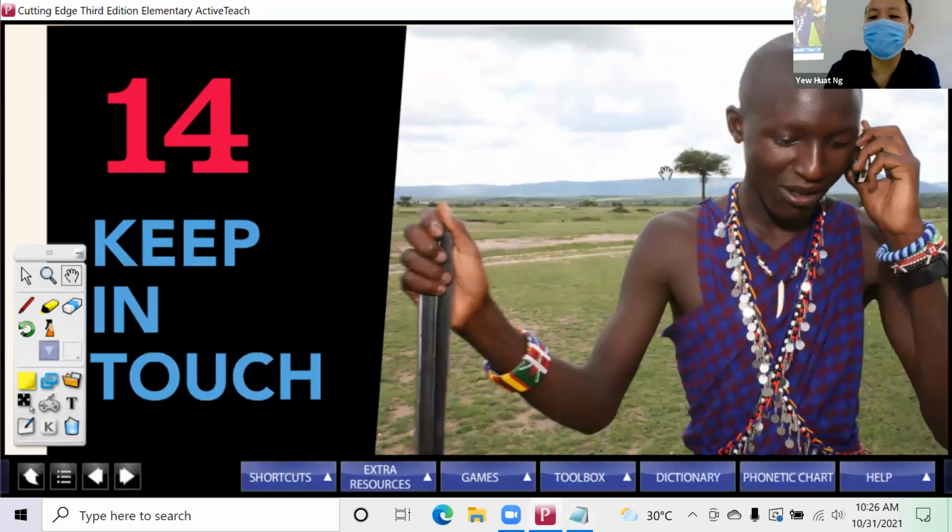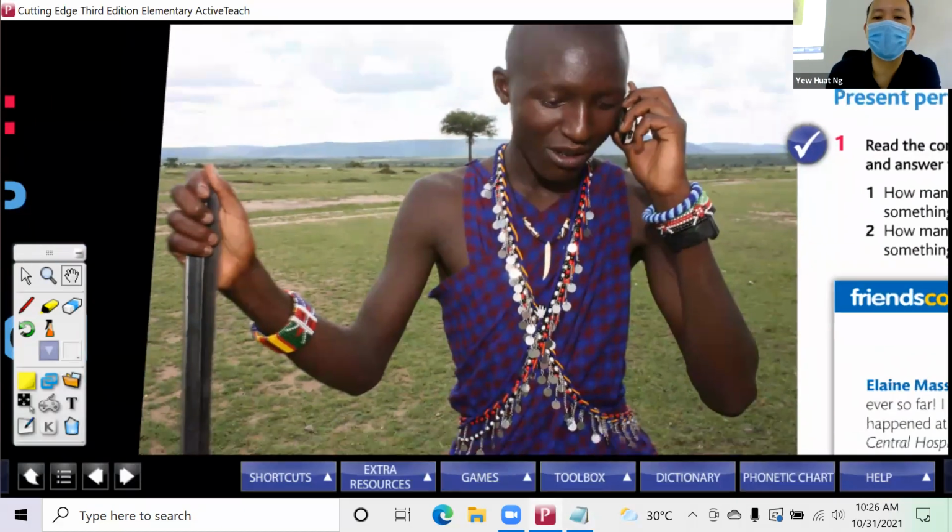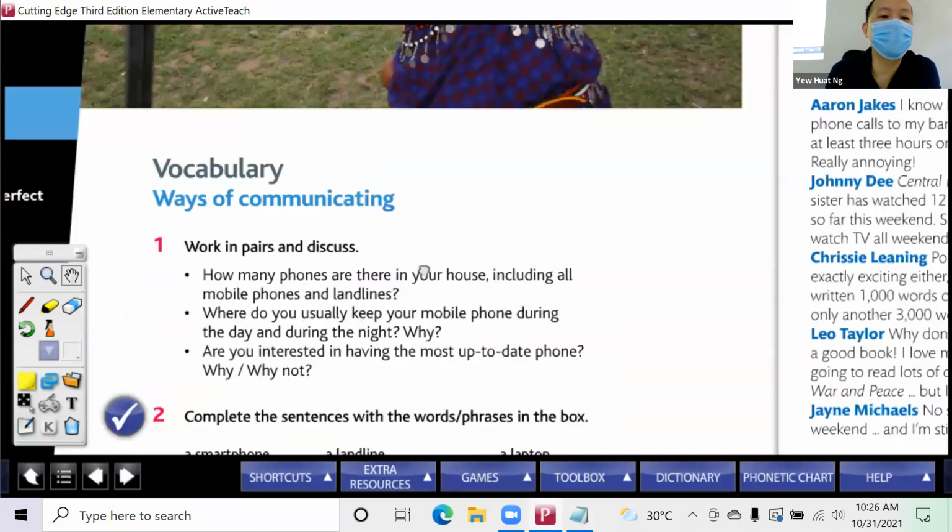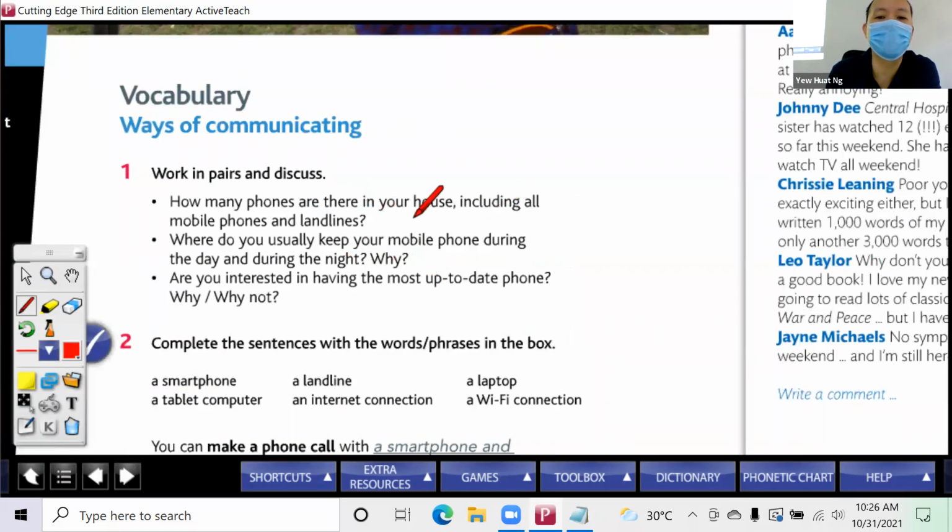All right. Let's have a bit of discussion about this. How many phones are there in your house, including all mobile phones and landlines? A landline. Look, can you see this telephone plug here? So landline is the old phone, where we have a phone and then there is a wire going to that.